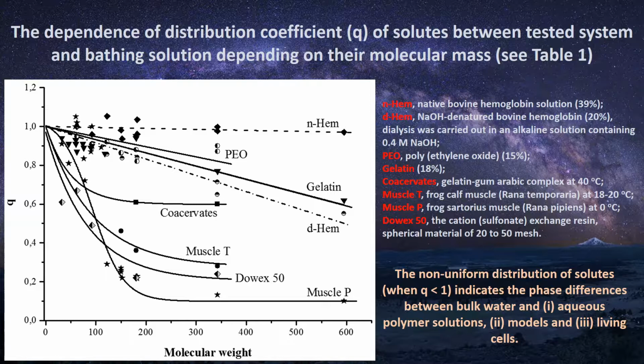that the membrane contains. However, the comparison of the living muscle with coacervates, DAX resin, and dialysis bags filled with polyethylene oxide, gelatin, and denatured hemoglobin shows that in all these cases the same physical factor acts, and this factor is not the membrane with its special properties, because there are no biomembrane-like structures in coacervates, or in DAX granules, or in the case of dialysis bags.